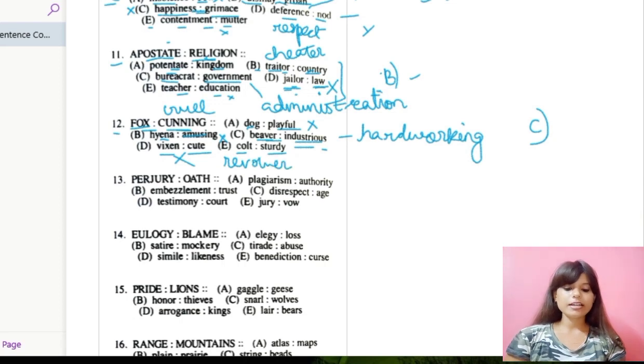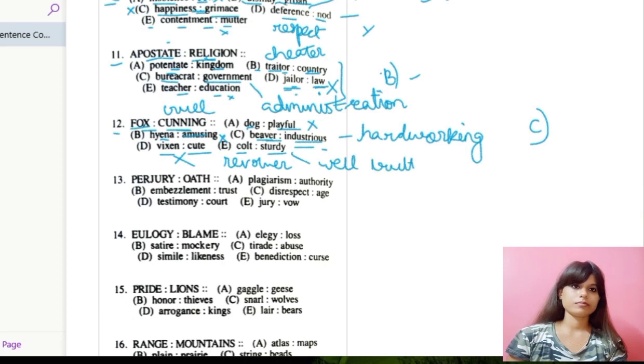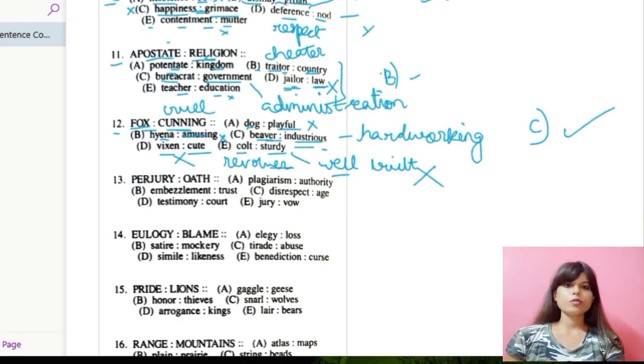And sturdy means well built. So this will also not go. We cannot say anything about revolver over here because first of all they are talking about fox. It's an animal. So this won't go. Number C would be the correct option. That's it. Let us move over to question number 13.